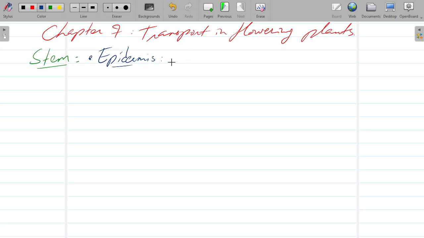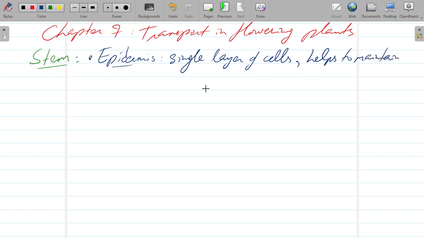So this is a single layer of cells that helps to maintain the shape of the stem and prevents water loss.